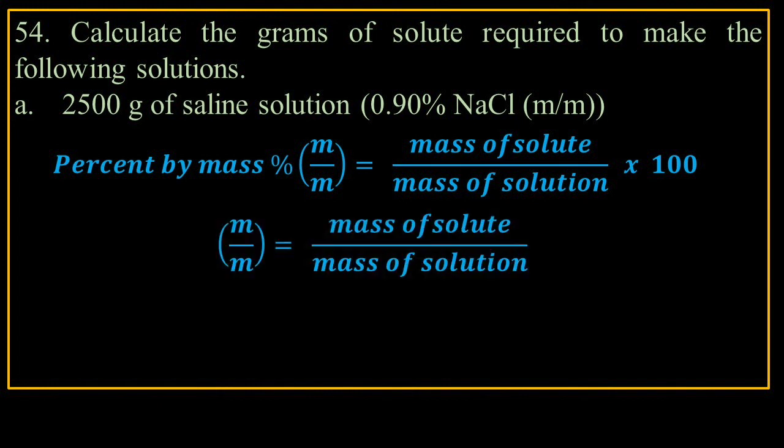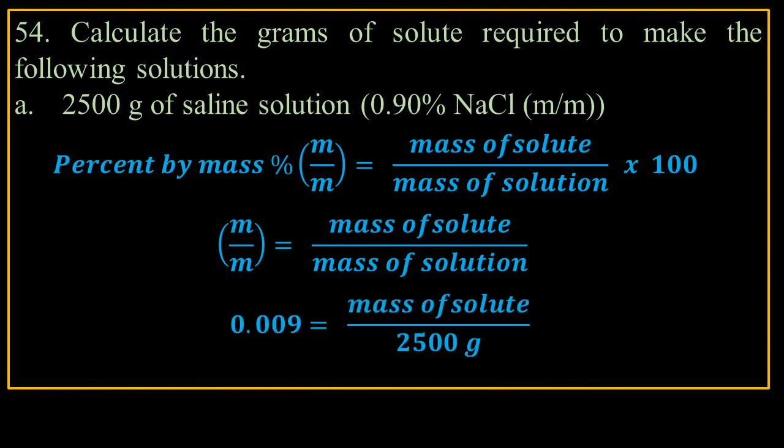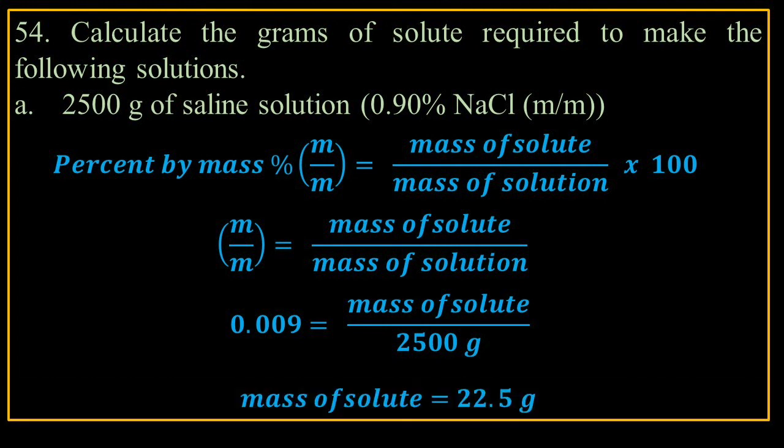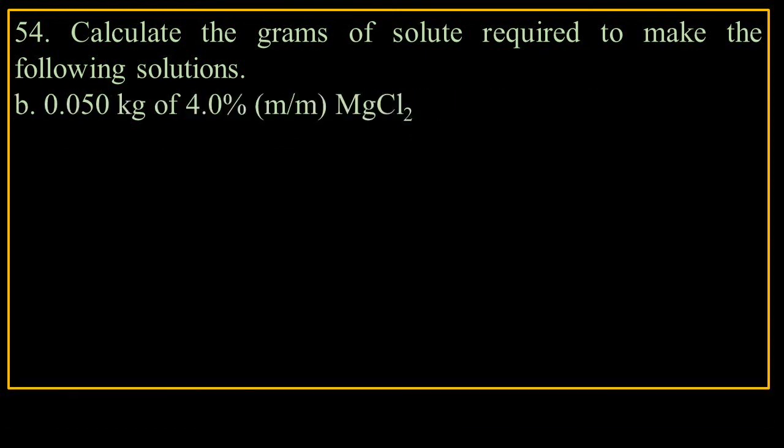You're given 0.9%, so it's going to be 0.009, and then times 2,500, and that'll be the mass of the solute, and that's how much you would need. So you'd put 22.5 grams of the sodium chloride into 2,500 grams of solution.